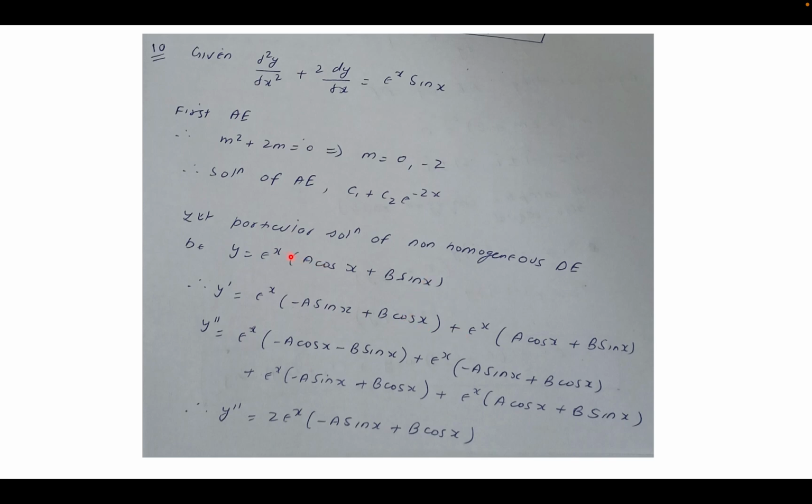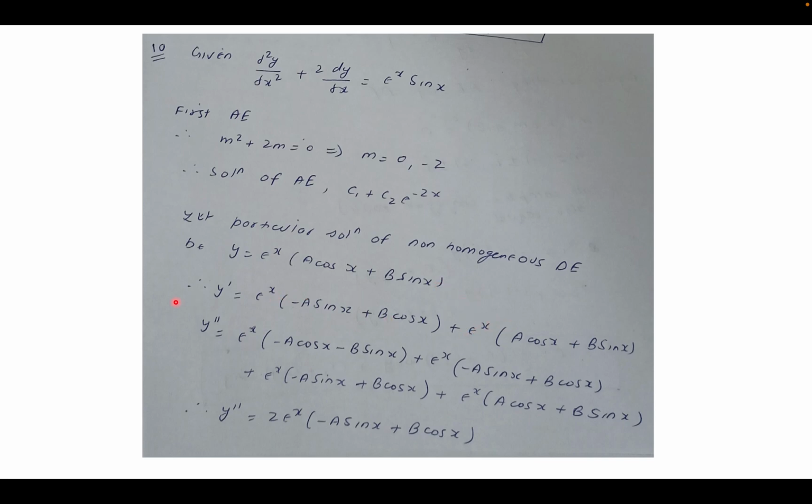And given that there is a product of e power x and cos x, you need to differentiate it twice. I hope you know it all. So in the first case I have kept the first part as constant and I have taken the derivative of the second part, and in the second part I have taken the second term as a whole as constant, and I have taken the derivative of the first.